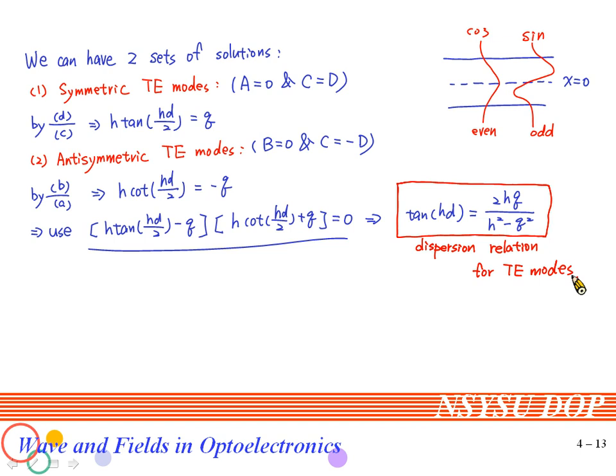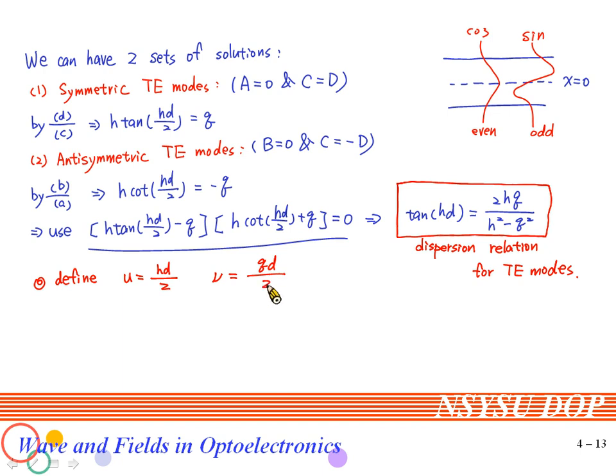Okay? And then I would like to define new parameters to simplify all the expressions. Here, we define two new parameters. One is U, which is hd over 2. Another is V, which is qd over 2.